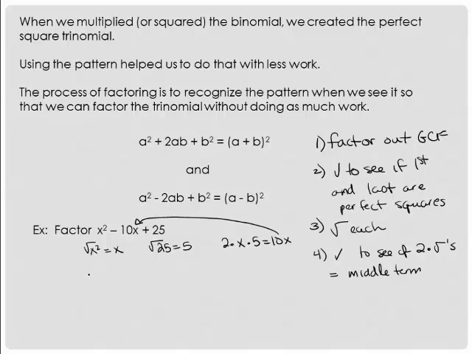That matches. So then we take the square root of the first plus or minus the square root of the second, squared, and it's factored. So the square root of the first was x. This sign here tells us we need to be minus. The square root of the second is 5. And so we get x minus 5 squared.